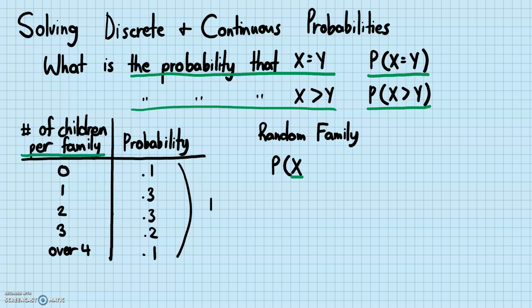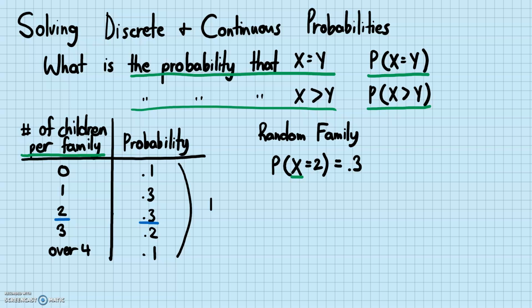So in this case, it's the number of children per family. So x, the probability that x equals 2. So this would mean the probability that the number of children in the family equals 2. And that would equal 0.3 because here the probability that a family has 2 children would be 0.3.